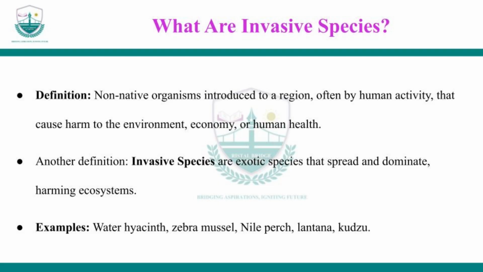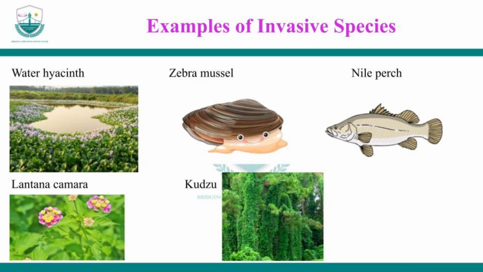Can anyone name an exotic species that's been introduced in your region, either accidentally or on purpose? Let's look at some real examples of invasive species: water hyacinth, our main case study; Nile perch, introduced into Lake Victoria and wiped out hundreds of native fish species; Lantana camara, a fast-growing shrub that overtakes farmland and forests; zebra mussels, which invade freshwater lakes and damage infrastructure.